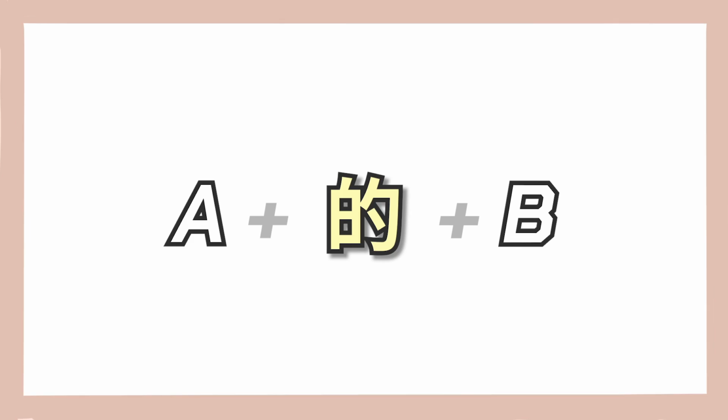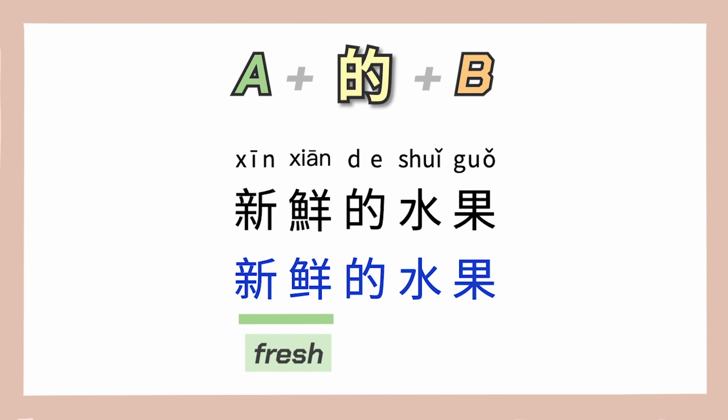Generally speaking, when using 的, you can think of A and B as two individual parts. For example, 新鲜的水果, fresh fruit. It's used like a phrase, and since 新鲜 and 水果 are considered two individual parts, we can even add some words to modify either of them.